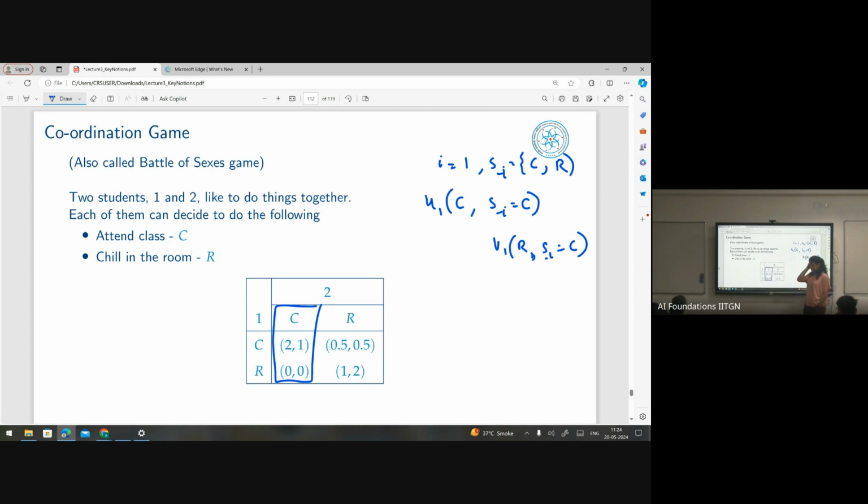If the other agent is actually going to class, for me it is good. It's the best strategy to go to class because 2 is greater than the alternative. So that is something that we have fixed.